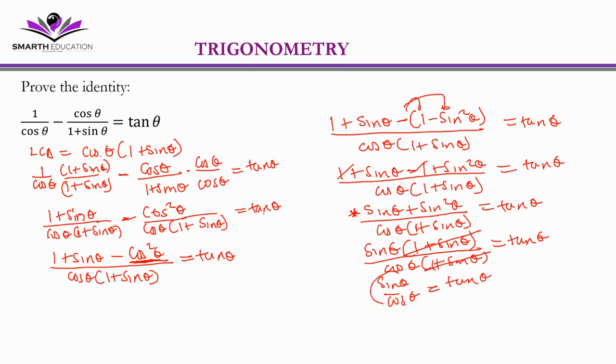This is an identity. Sine theta over cos theta is tan theta, so tan theta is equal to tan theta. So the left hand side is equal to the right hand side. So we prove that.